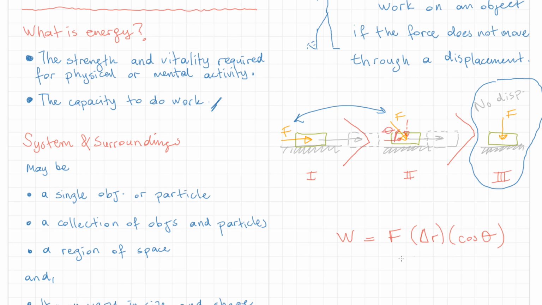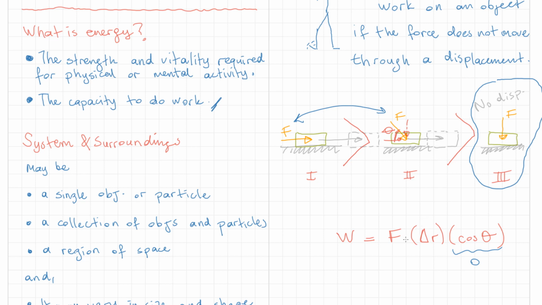Just by looking at this equation, you can deduce the results that we have talked about. If theta, the angle, is 90 degrees, this will be equal to 0, so there will be no work. And if the angle is equal to 0 degrees, then you will get the most of it from the force applied to the object.